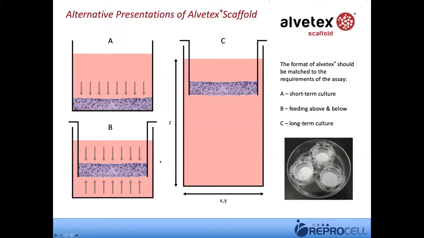To get around this issue and maintain a high quality of your culture medium throughout your experiment, you can either change your medium more regularly, or introduce a greater volume of medium to your 3D culture, as depicted in scenario C. We have what we call a deep well Petri dish, and this photograph shows an example of this product, housing 3 6 well inserts in this case. So a large volume of media to support these 3D cultures over time.